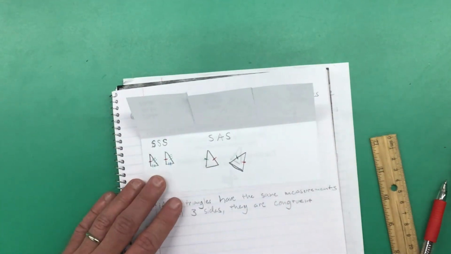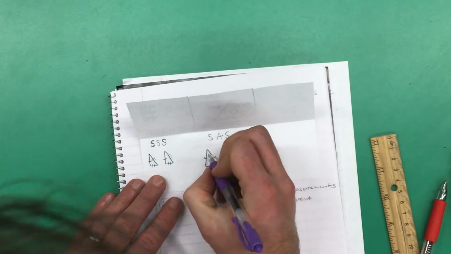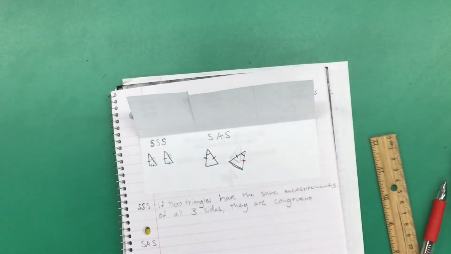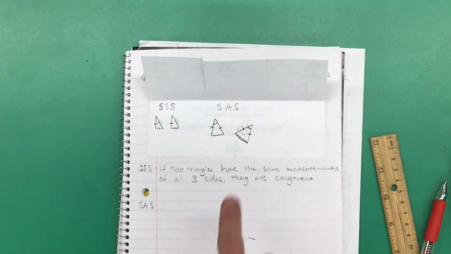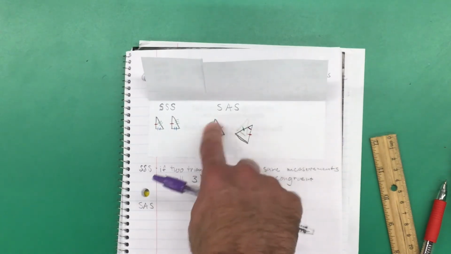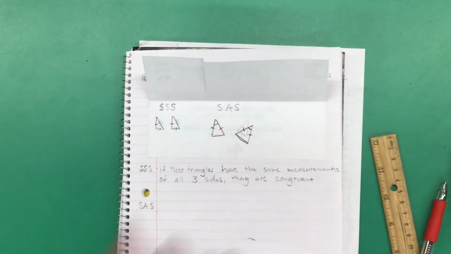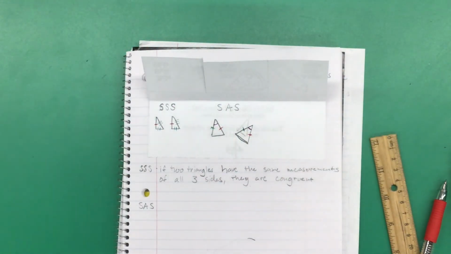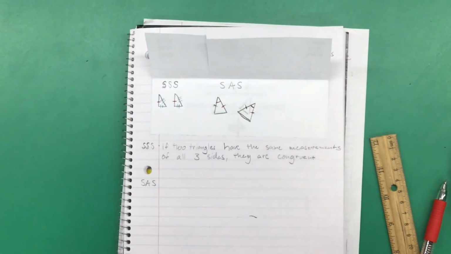And then in purple, the angle in between them is also the same. So if we know that the side and the angle and then the other side that makes up that angle are the same in two triangles, then we know that those two triangles are congruent. Even if they're turned in different directions, that is all the proof we need to prove that they are the same triangles.